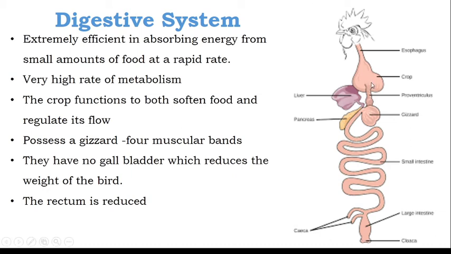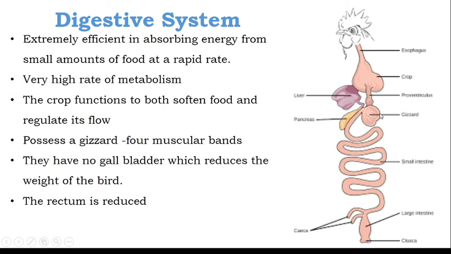This crop softens the food and regulates the food flow. Birds possess a gizzard. This gizzard has 4 muscular bands that act to rotate and crush the food by shifting the food from one area to the next within the gizzard. Here the rotation is taking place. This is the extra character.